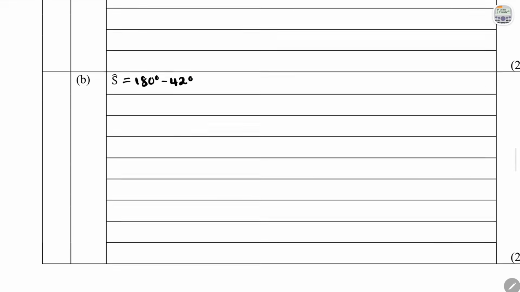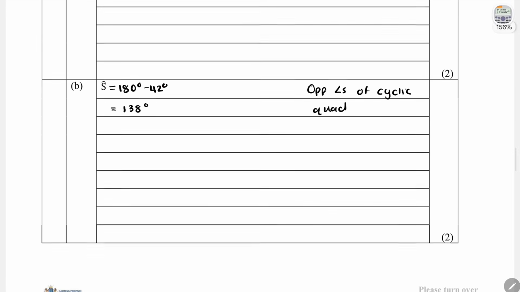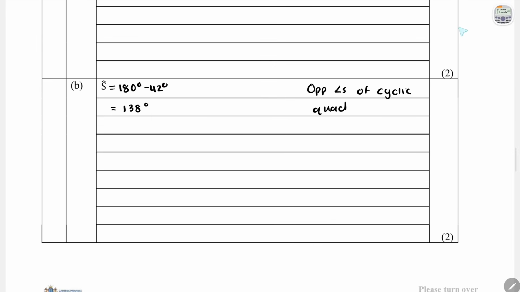And this is because opposite angles in a cyclic quad add up to 180 degrees. And this is finally equal to 138 degrees. And that is our answer. Moving on to the next question.